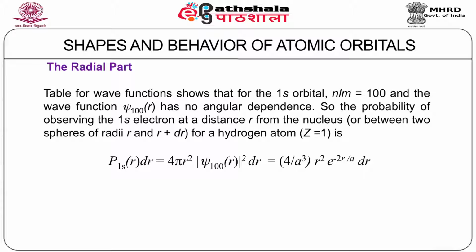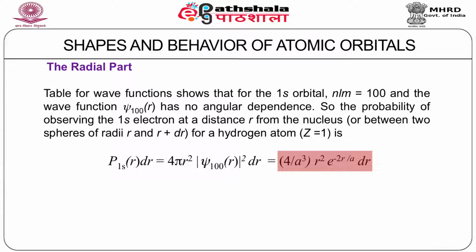So the probability of observing the electron between two spheres of radii r and r plus dr for the hydrogen atom is psi 100 squared multiplied by 4 pi r squared dr. That is the volume included between the two concentric spheres of radii r and r plus dr. So that's the probability of observing the electron at a distance r from the nucleus: 4 pi r squared multiplied by the square of the radial wave function.